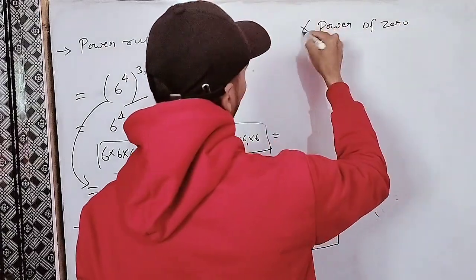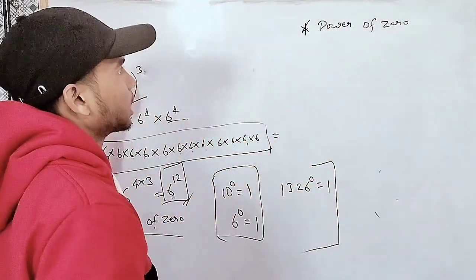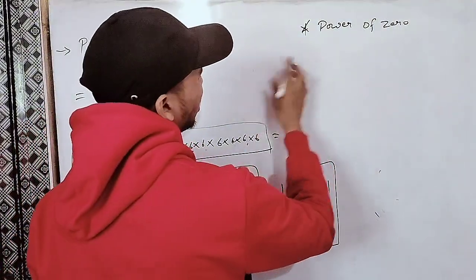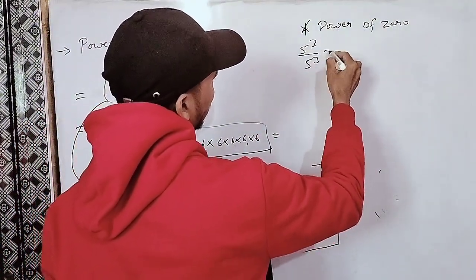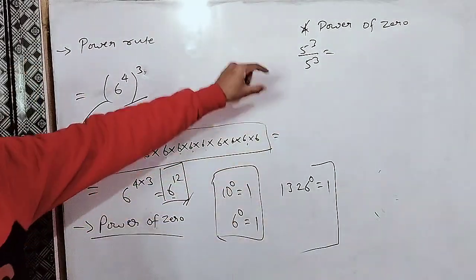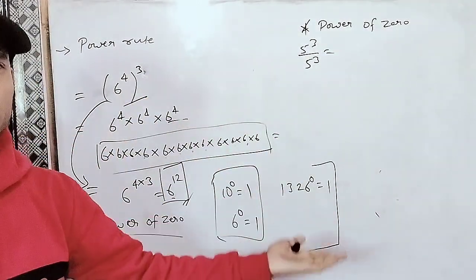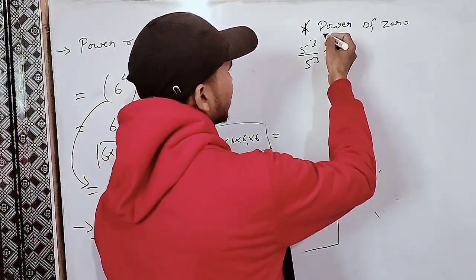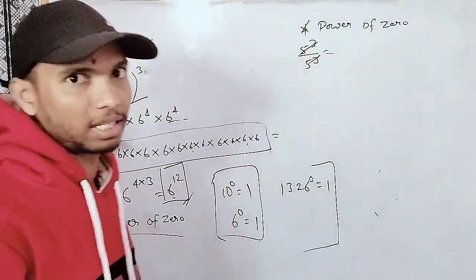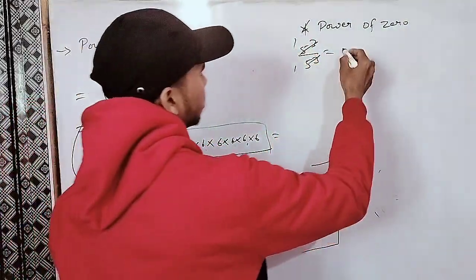Here, just understand it very carefully. When we write like that, what is the meaning of this division? The base is the same, the exponent is the same as well. So can we cancel it? Yeah, then we will have how much? One.